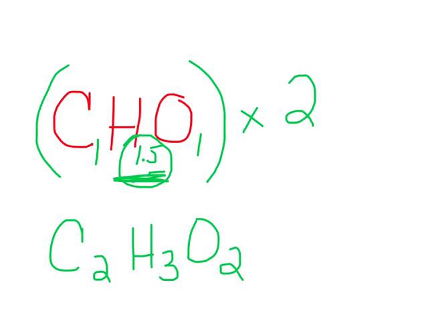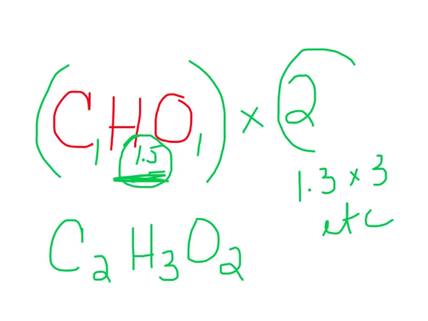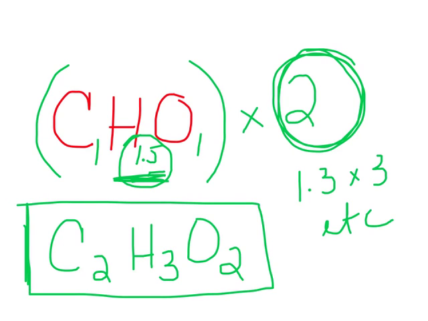On a side note, if I had a 1.3, for example, I'd multiply the whole thing by 3 to get rid of the 0.3, etc. So just play around with the number that you're multiplying by, so that everybody is a beautiful whole number when writing out the empirical formula.